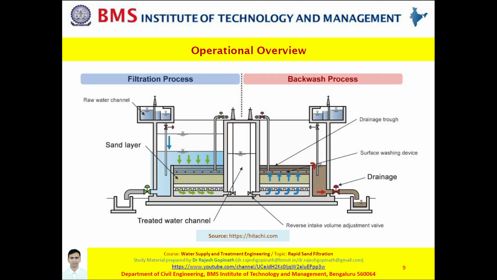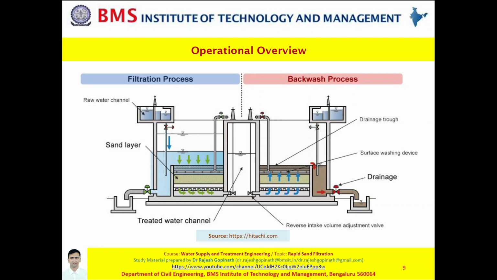Now, what you see different in rapid sand filter from the slow sand filter is in terms of its appurtenances. Apart from the inlet section and outlet section, you can see more number of valves. If you recollect, slow sand filter had only 2 valves, inlet valve and outlet valve. But here you see more than those.